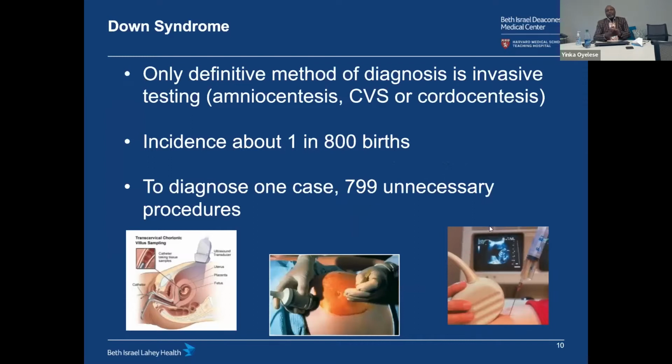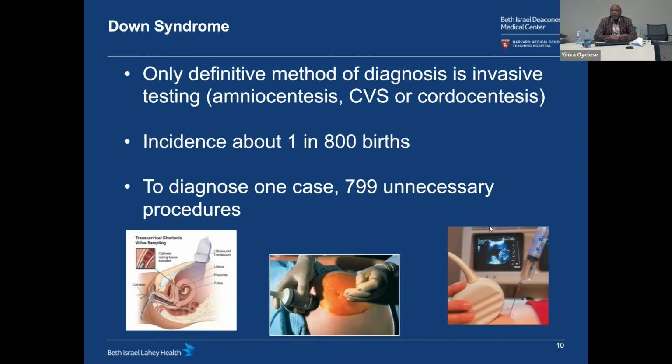So the only way to tell for certain whether a fetus has Down syndrome is invasive testing, whether it be amniocentesis, CVS, or cordocentesis. People think that you have to have an amniocentesis, but you don't. It is a personal decision.